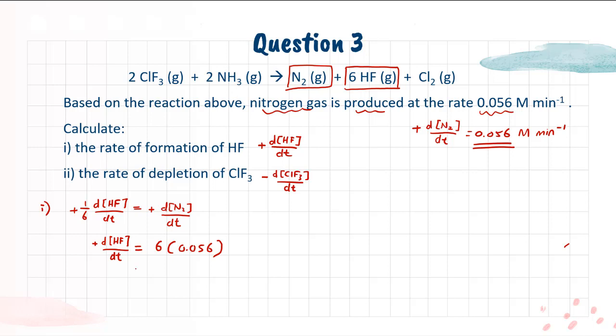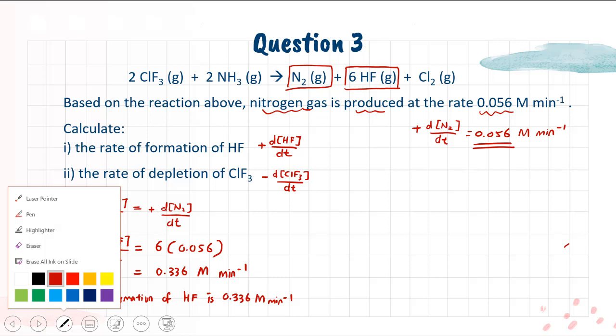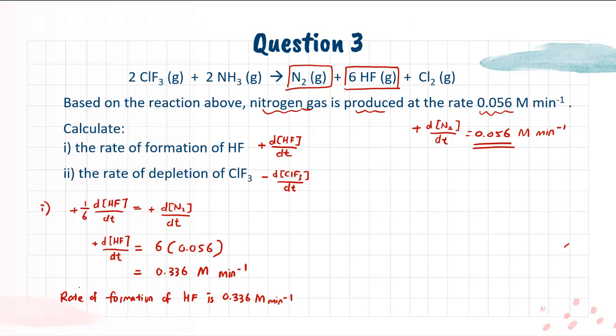The rate of formation of HF equals 0.336 molar per minute. To write it in a sentence, the rate of formation of HF is 0.336 molar per minute.